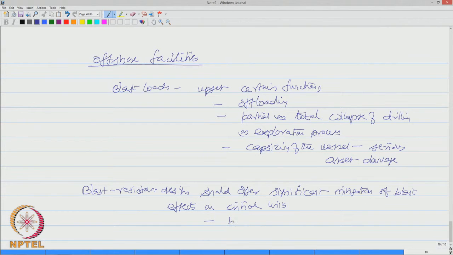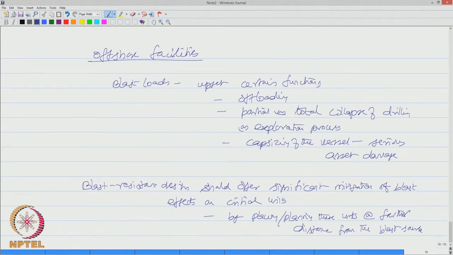This can be achieved by placing or planning these units at farther distance from the blast source.